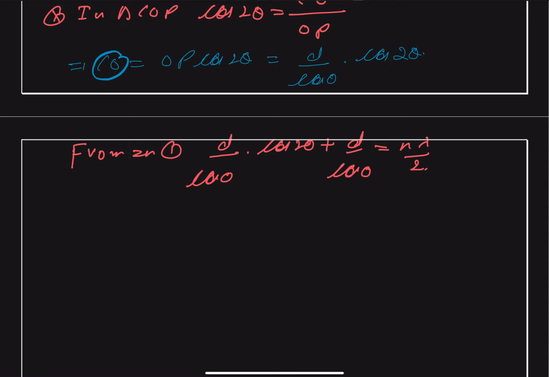And we can use the trigonometric identity to sort it out, and this will be giving us 2D cos of theta is equal to n lambda by 2. And for minimum value of n, which is equal to 1, we can say that our cos of theta is equal to lambda by 4D.